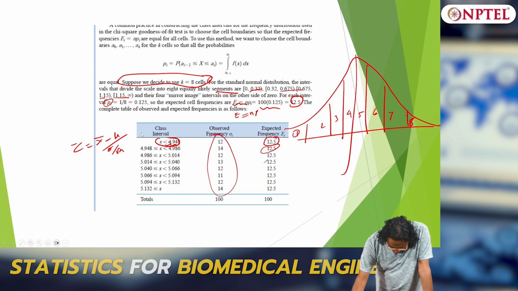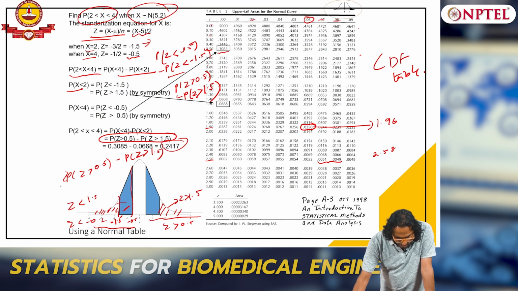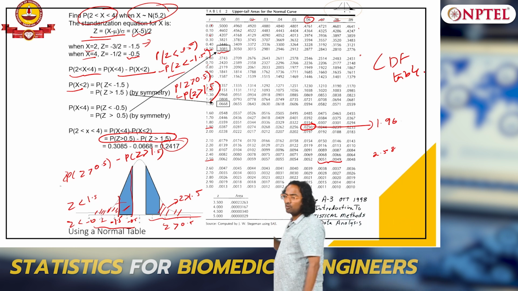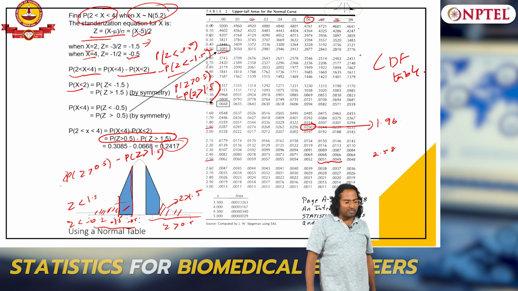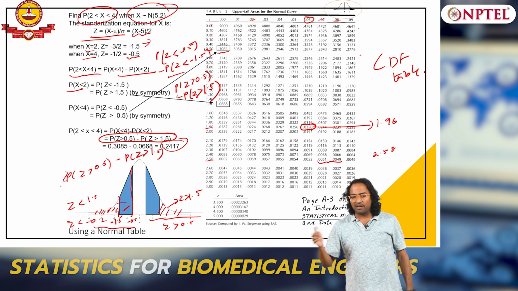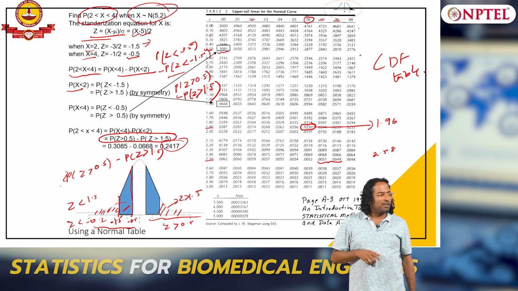Let me show you the normal distribution. The problem we have solved, did we not solve this? What is the probability of x lying between 2 to 4? How did we solve this? X is approximately normal 5 comma 2. Here what is x approximately?